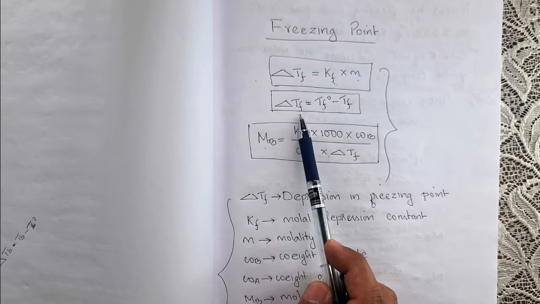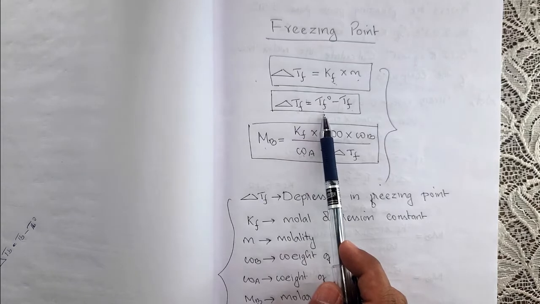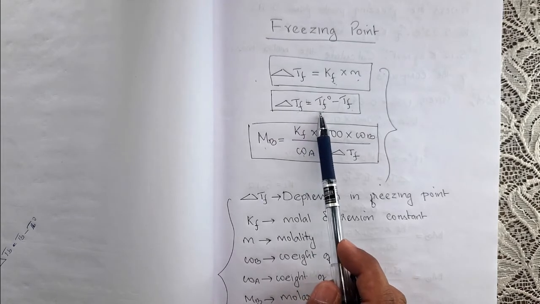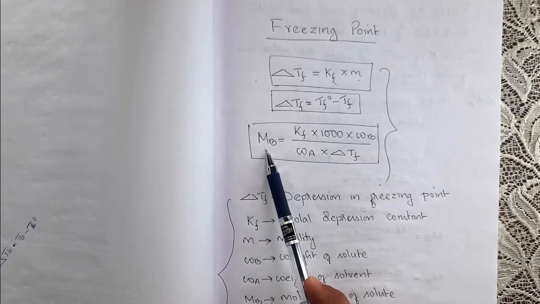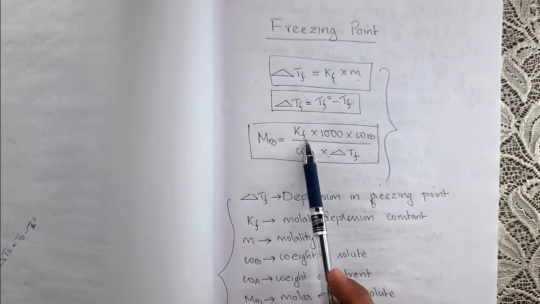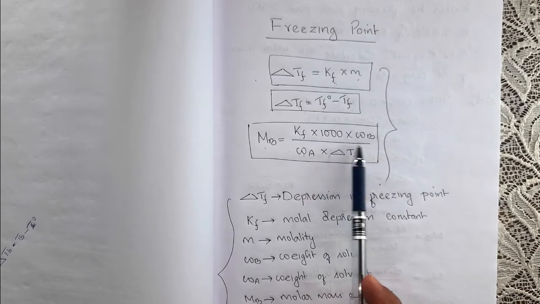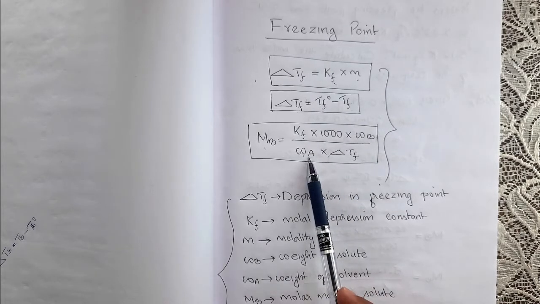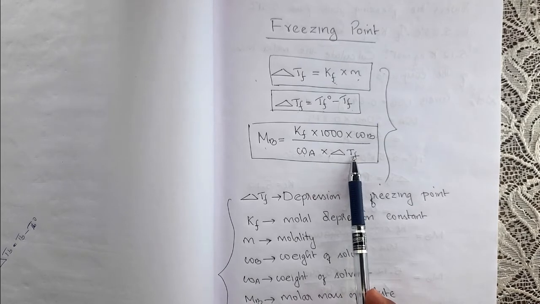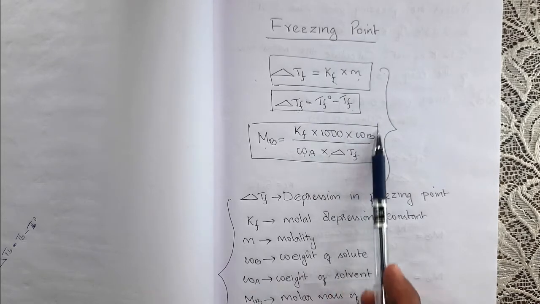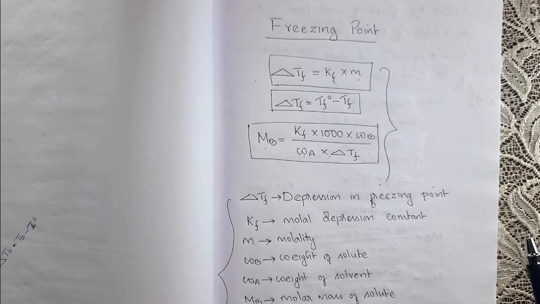And the next one we have delta Tf is equal to Tf naught minus Tf, and also we have Mb is equal to Kf into 1000 into Wb divided by Wa into delta Tf. So in order to solve the numericals, we need to know these 3 formulas.